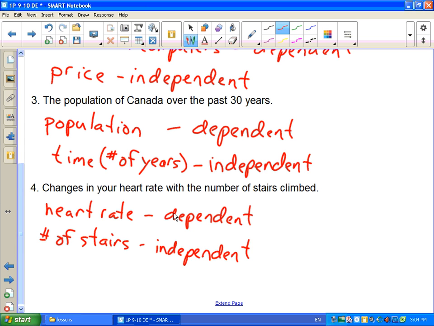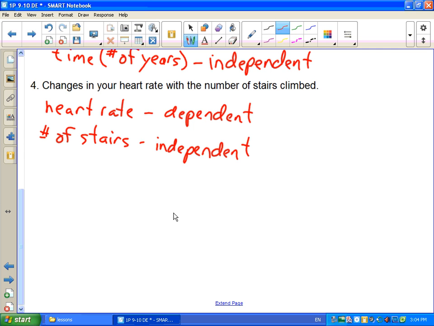What this means is that if we were making a table of values of heart rate and number of stairs, because number of stairs is independent, it would be the first thing in our table. So we would have number of stairs, and then we would have heart rate over here.